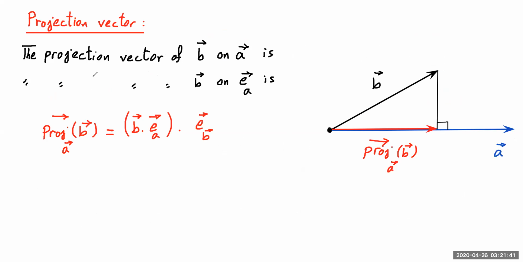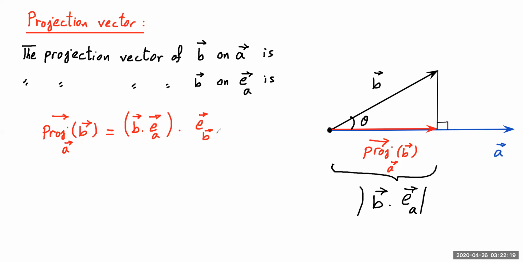It's the same as the projection of vector B on the unit vector of A. Remember that this length from here to here is the inner product of B times the unit vector of A. And this is correct because this theta is less than 90 degrees. If it's bigger, I will take the absolute value.